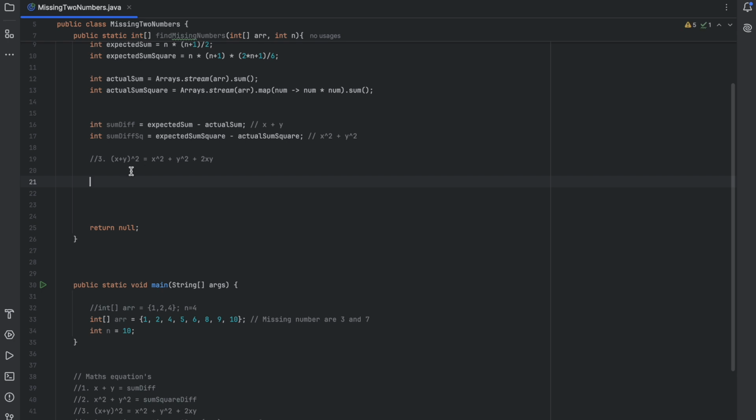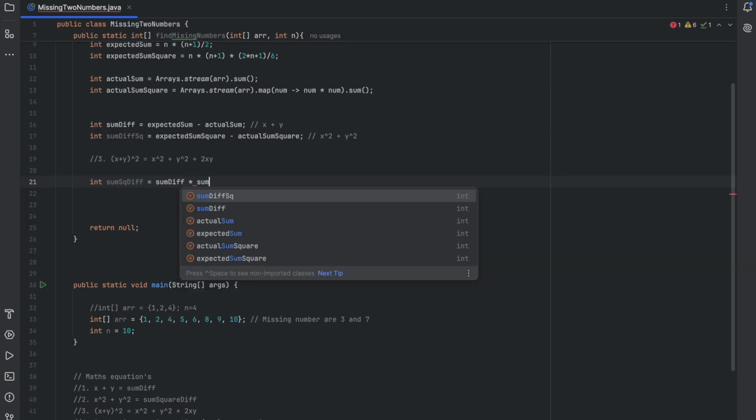So we have x plus y square. Okay, we have this thing, sum diff square, and sum square diff. Okay, and then we need to store the value, sum difference multiplied by sum difference.